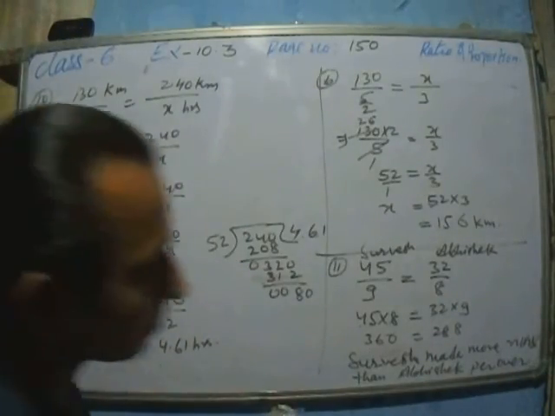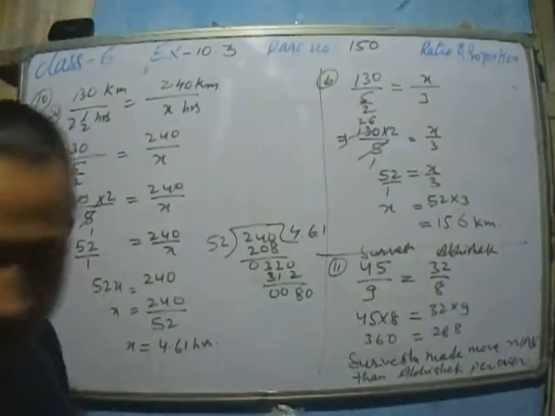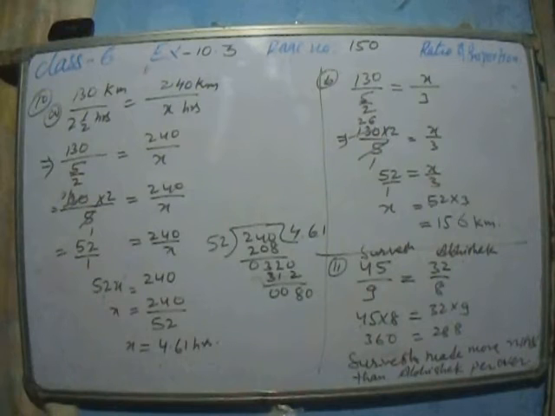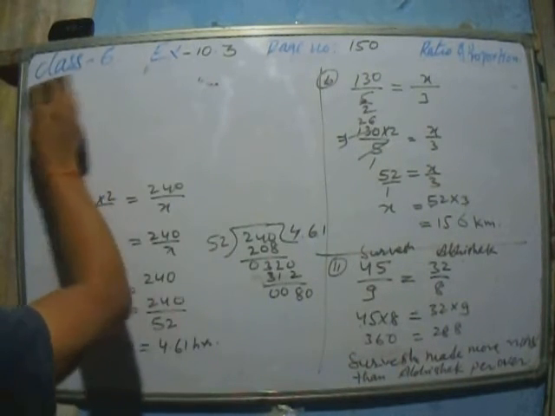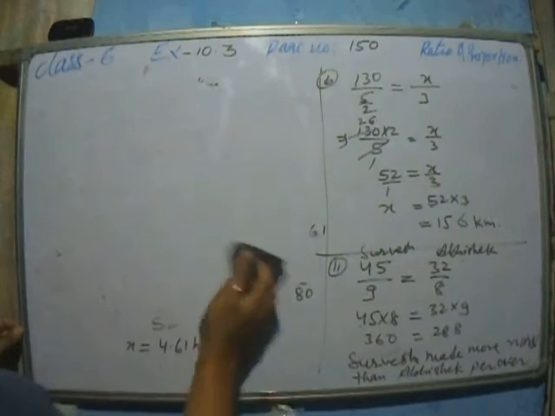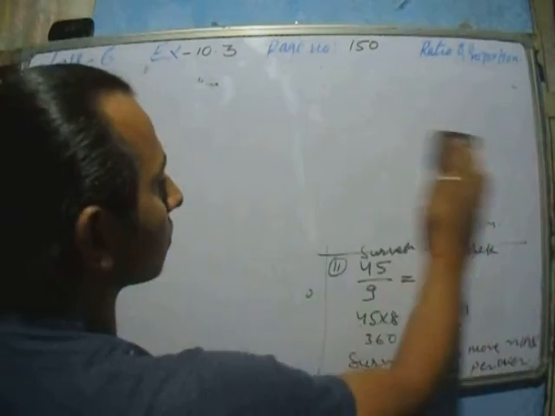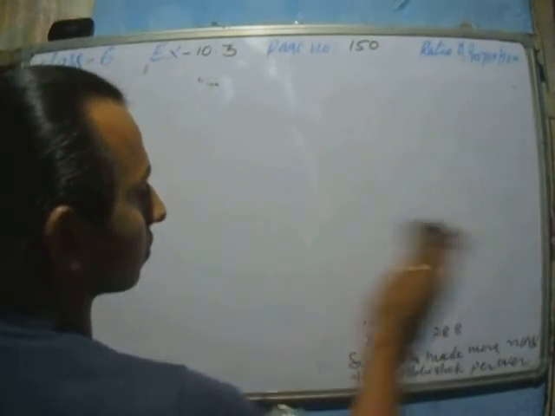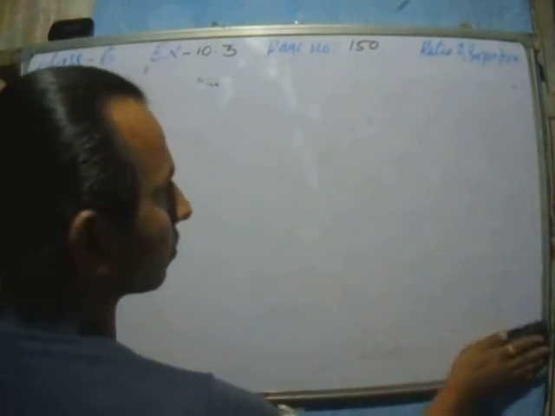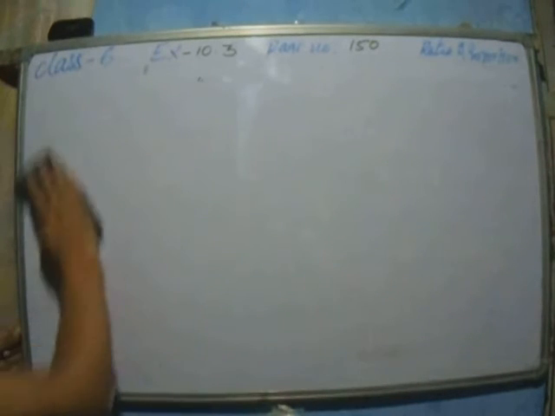Now next is question number 12. Question 12 is here. A pipe can fill 300 liters of water in a tank in 2 minutes.